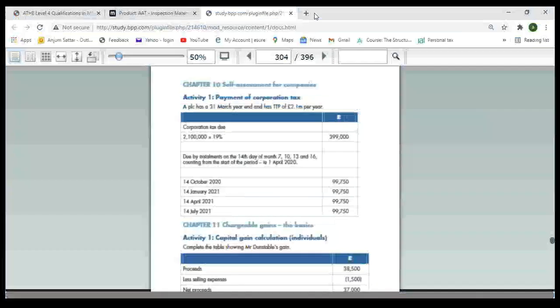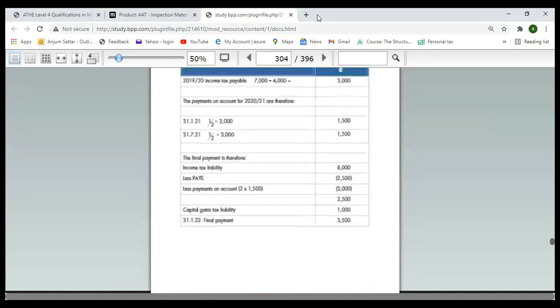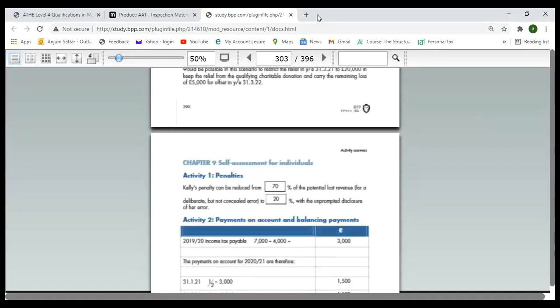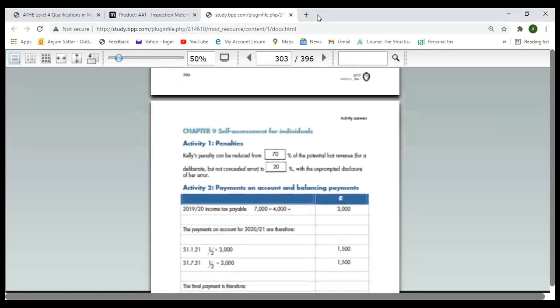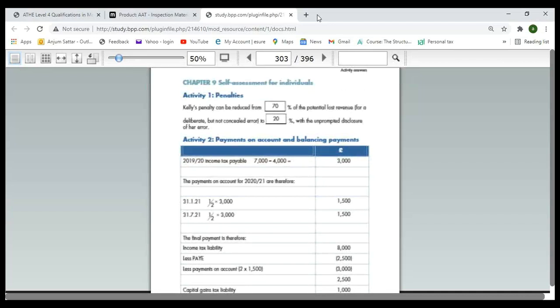Yes. Okay, so I'm going to send you the whole chapter we have. We have scenarios, like if we are submitting a late return, then we have a test your understanding. We have a chapter here, self-assessment for individuals.